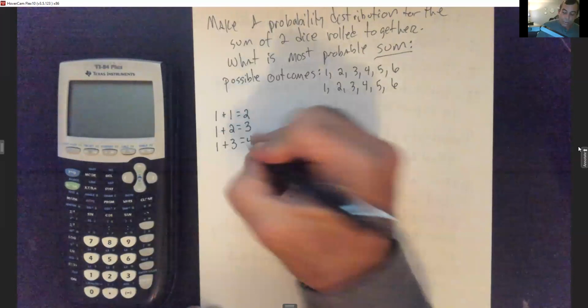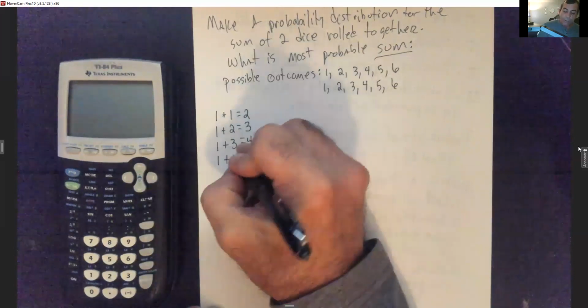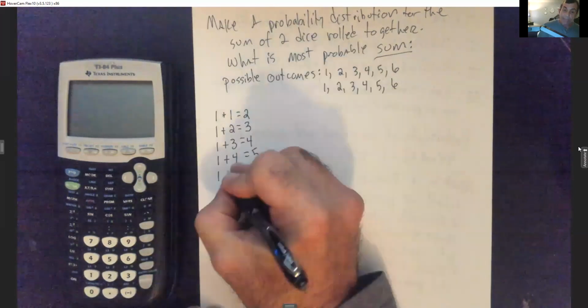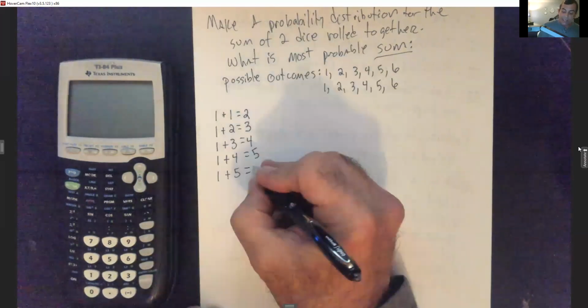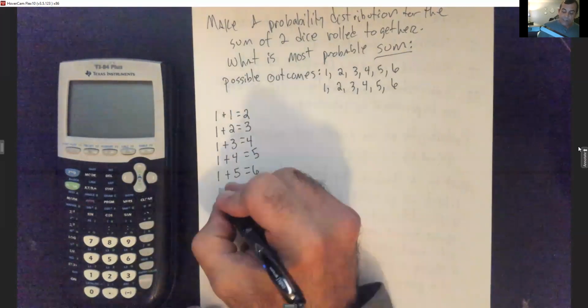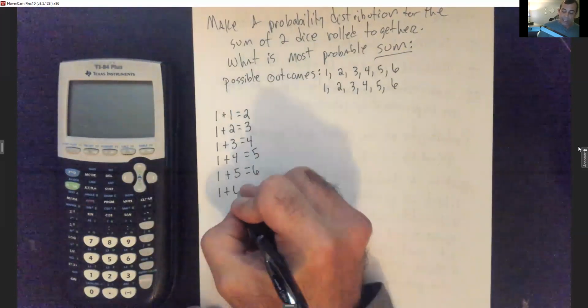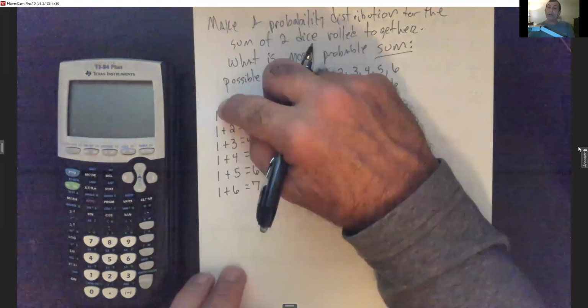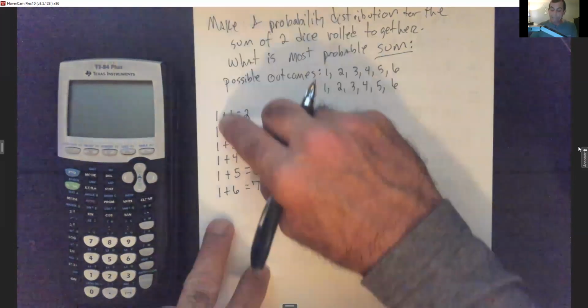First dice could be a 1 plus a 4, which would give me 5. 1 plus second dice being a 5 would give me 6. And then 1 plus 6 on the second dice would give me a 7. So that's all the possibilities when the first number is a 1.